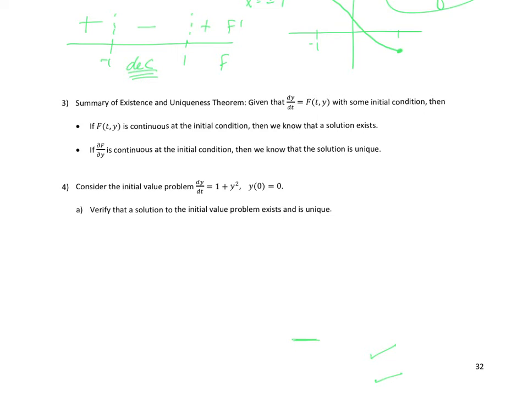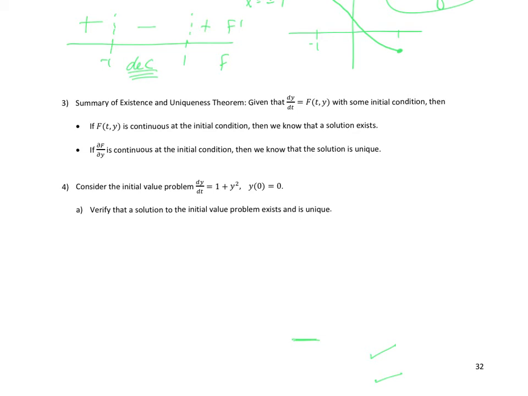Okay, so let's apply this. We have an initial value problem, dy/dt equals 1 plus y squared, y of 0 equals 0. Verify that a solution exists and is unique. So for existence, we have to consider the right-hand side of the differential equation, 1 plus y squared.